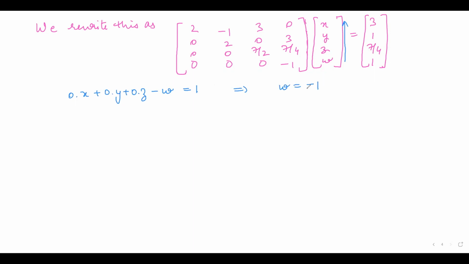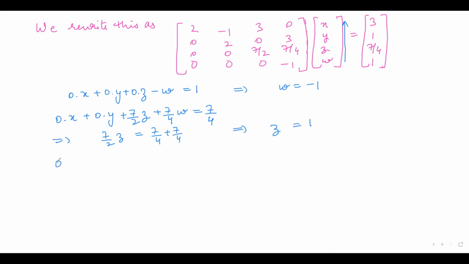This is my first unknown value. Now the next would be 0x plus 0y plus 7 upon 2z plus 7 upon 4w is equal to 7 upon 4. So I am getting this as 7 upon 2z, and this becomes minus, so this is plus 7 upon 4. So ultimately, when you solve, I'll get z is equal to 1.